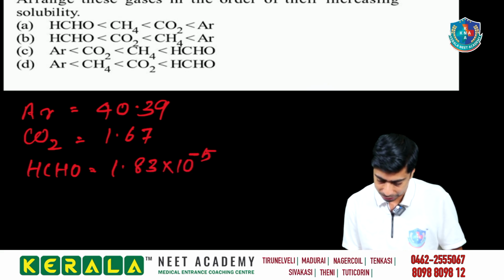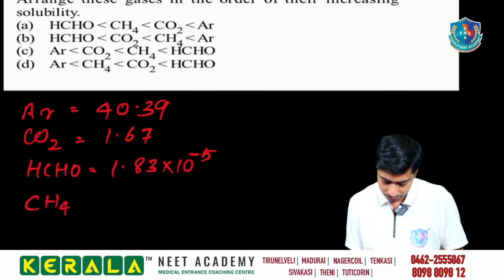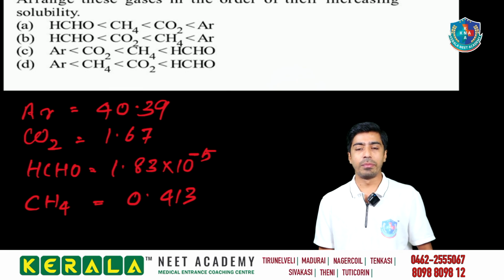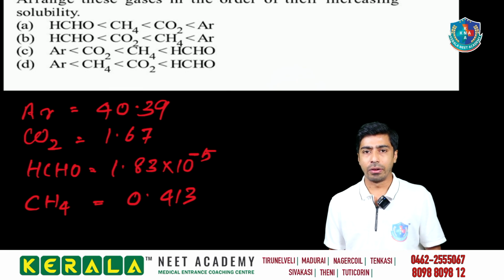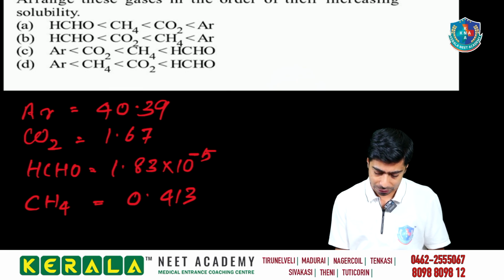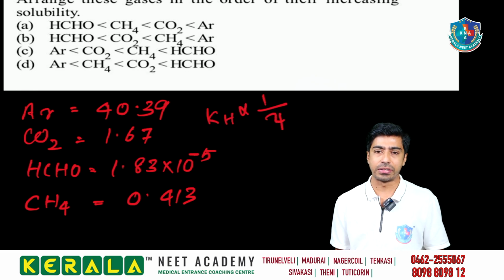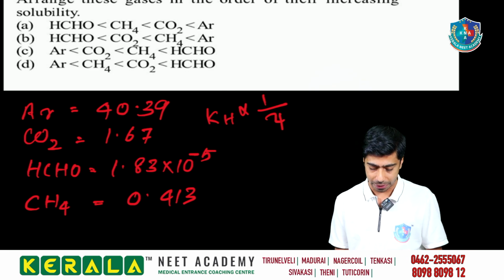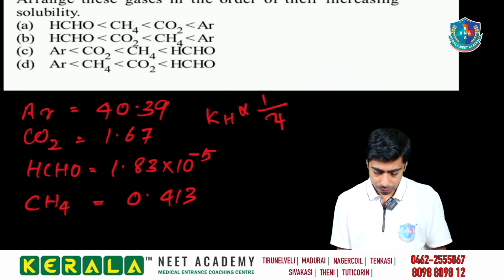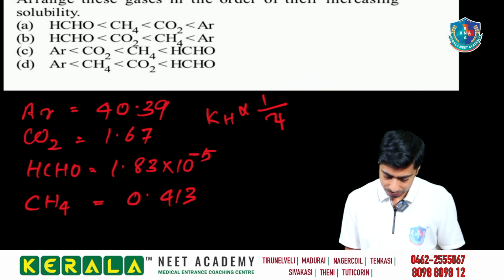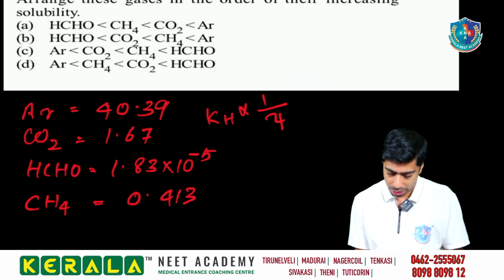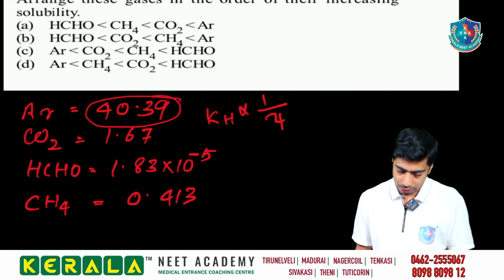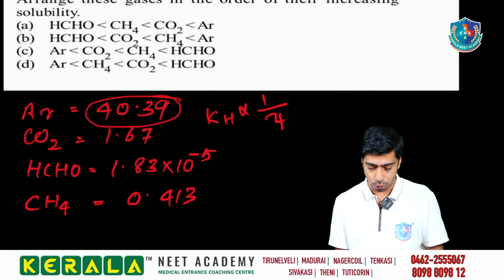And for methane, the value is given as 0.413. I have already mentioned that solubility is inversely proportional to KH. So now we need to take the gas which is least soluble. Argon has the highest value, so argon will be the least soluble gas.